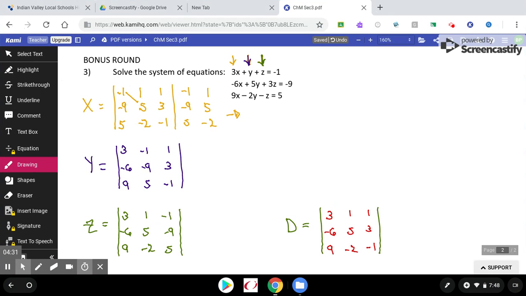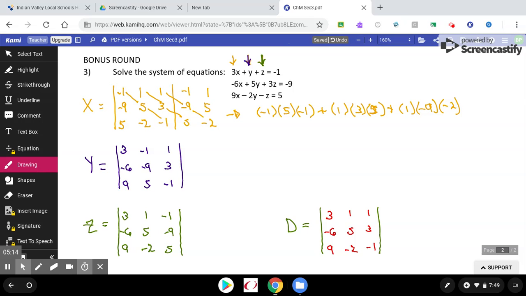You take the right diagonal, times them all together. So -1 times 5 times -1, plus the next right-facing diagonal, which is 1 times 3 times 5, plus the third diagonal, which is 1 times negative 9 times negative 2, and you combine those.